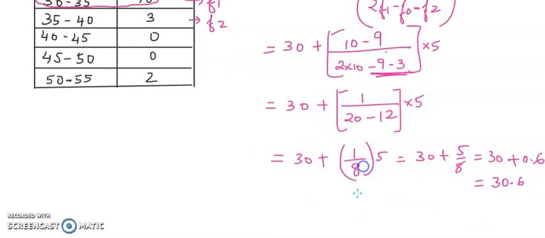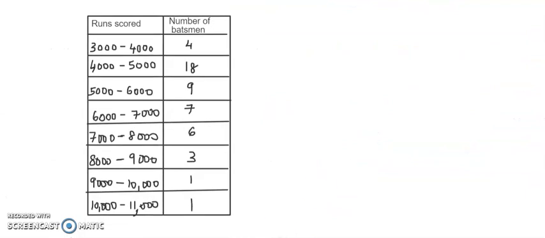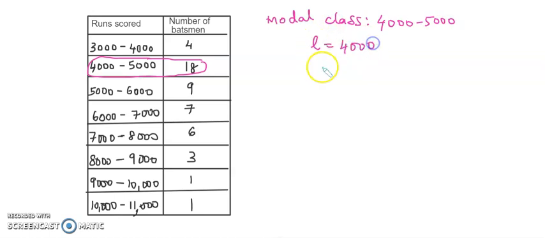Okay, let's take the next one. Again, which is the highest frequency? 18, right? So the modal class here will be 4,000 to 5,000. So your lower limit is 4,000. Your class length is 5,000 minus 4,000, which is 1,000.